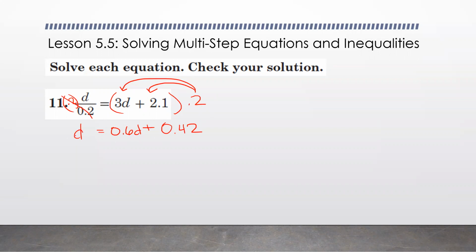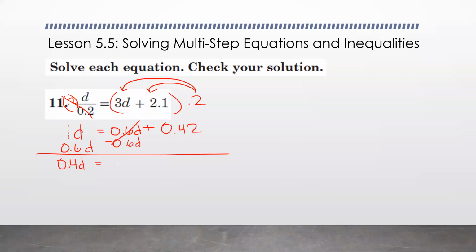So remember right here, this d, there's a 1 in front of that d. So I'm going to subtract 6/10 d from both sides because I want my variable to stay positive. So 1 minus 6/10 is going to give me 4/10 d.